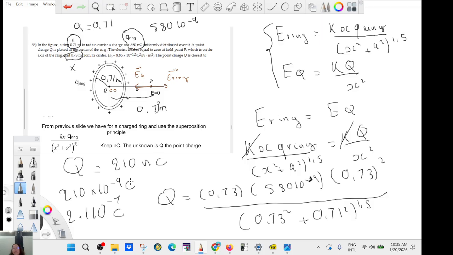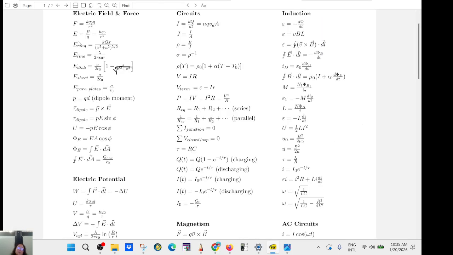So the equation EQ equals KQ over x squared. Could you explain the difference between the... Well, that will be the electric field from a point charge. This is just one point charge. That will be the electric field, which is the force per unit charge. The electric field from a ring is the equation we did, because you have to take the integral. I was asking why it's EQ equals KQ divided by x squared.